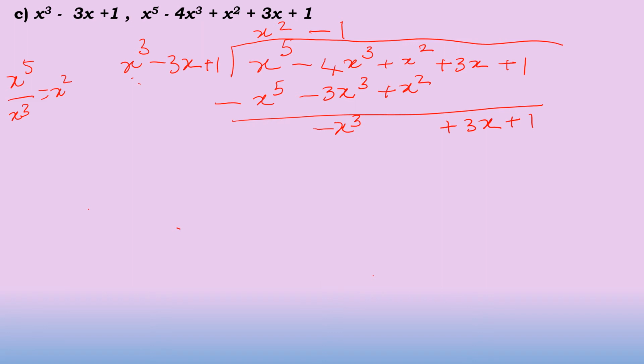So minus 1 into x cube will be equal to minus x cube. Minus 1 into minus 3x will be equal to plus 3x. Minus 1 into 1 will be equal to minus 1.